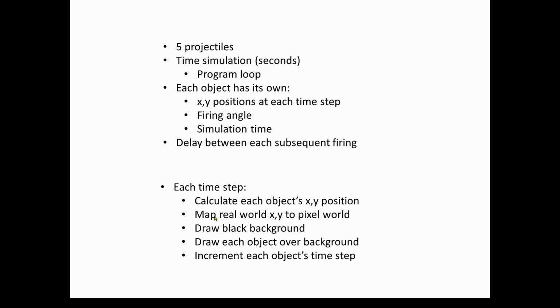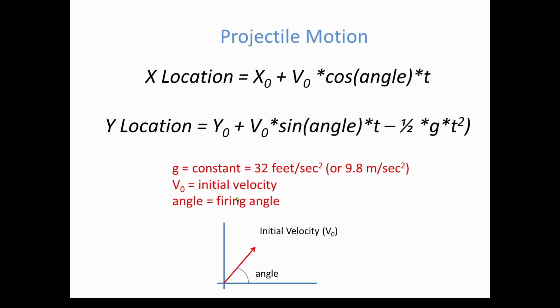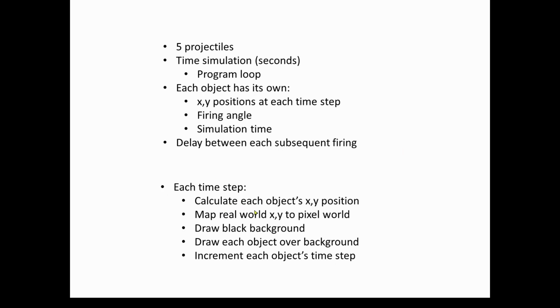Then what we're going to have to do is keep in mind these values are XY positions in feet in the real world, right? These equations are in feet in the real world. They don't tell you where to place it on this window, what pixel position. So we've calculated all of these XY positions in the real world, but we need to somehow map those real world XY feet distances to pixels.